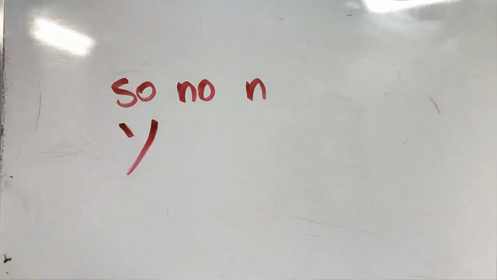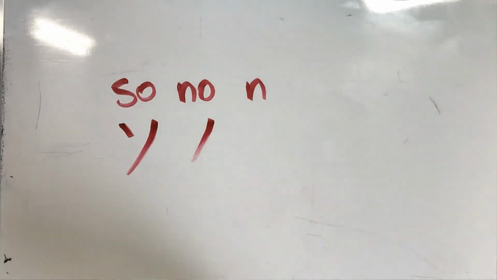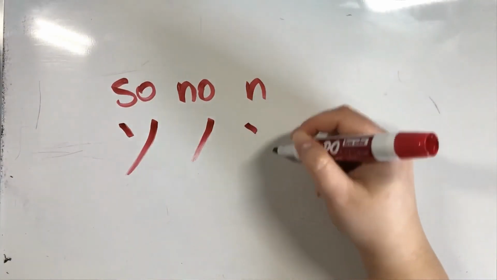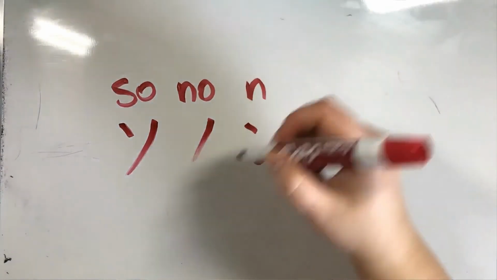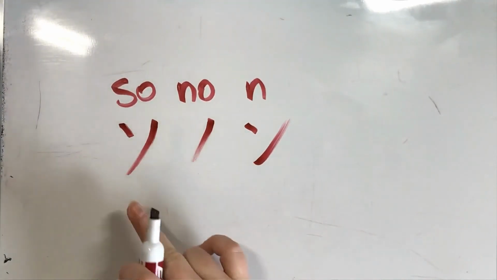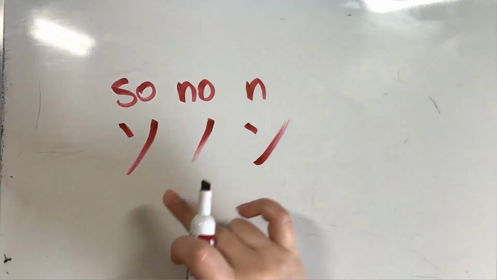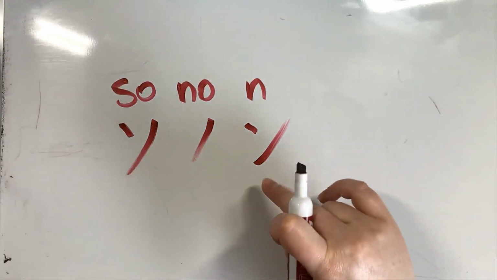No was just by itself, from top to bottom flicking out, and n is a little more angled and starts from the bottom and flicks up. So you can see how they're very similar in terms of appearance here. It's all about angles and which stroke you start with. Do you start from the top and work your way down, or do you start from the bottom and work your way up?